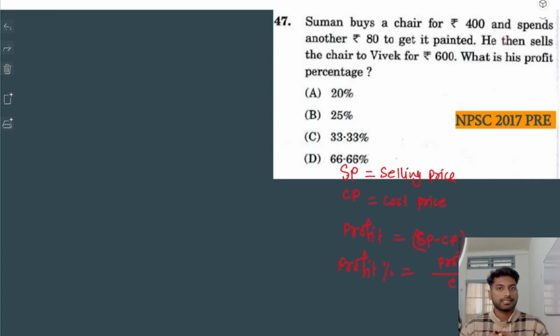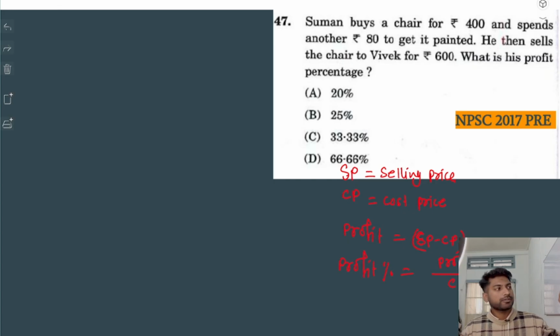Now you must be thinking, sir, what is CP, what is SP? Whenever you are solving profit and loss questions, you have to think of yourself as a shopkeeper or a businessman. Suppose I am buying a chair from a wholesale market at 100 rupees and I keep it in my shop, and somebody comes and I sell that chair at 120 rupees.